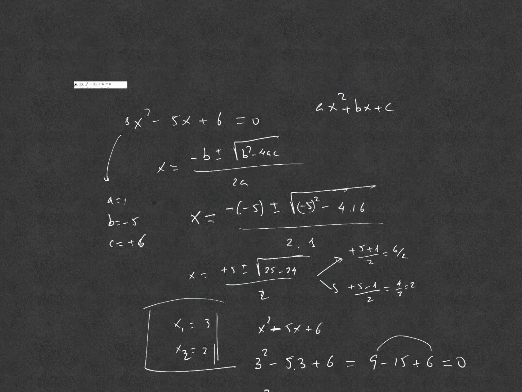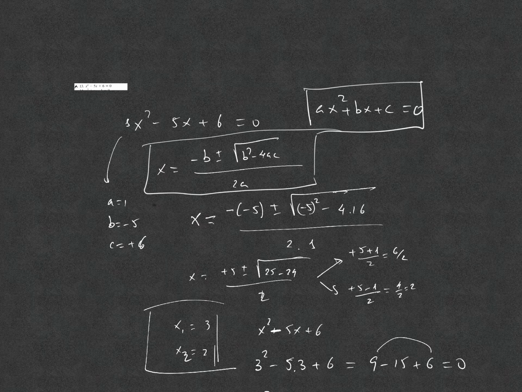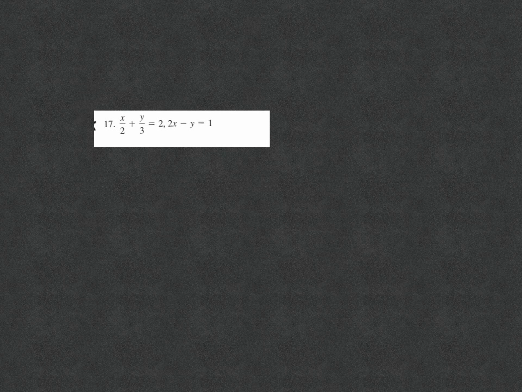So what you have to know is that when you have this equation equal to 0, the values of x that will match this equation equal to 0 are obtained by using the quadratic formula.